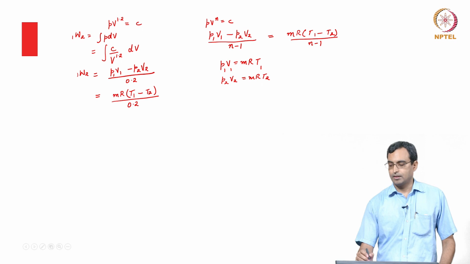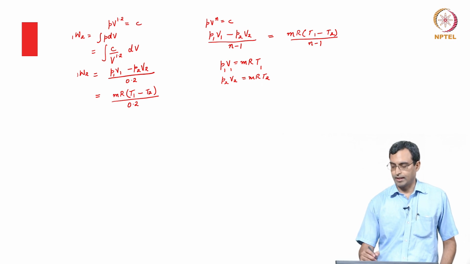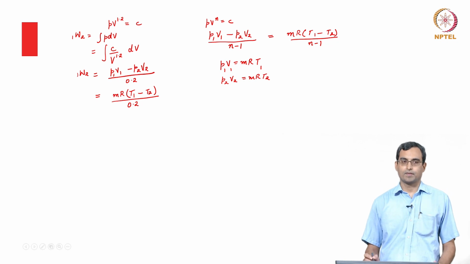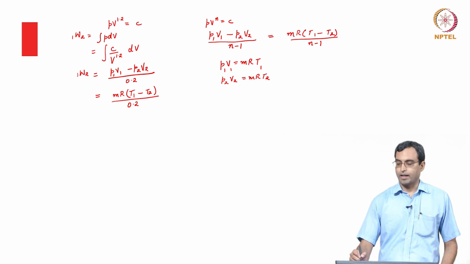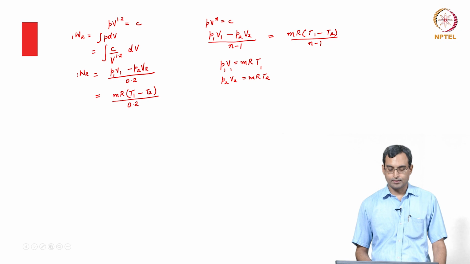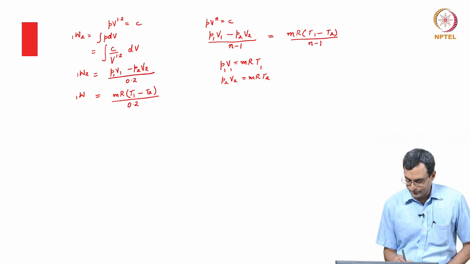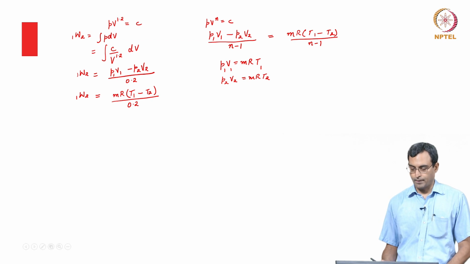Only this part of it is true for an ideal gas. This part of it is true whenever we have displacement work of a simple compressible substance. I can write it in this form only for ideal gases, but in this particular case I have an ideal gas mixture, so that is all right. So, I have this expression over here.